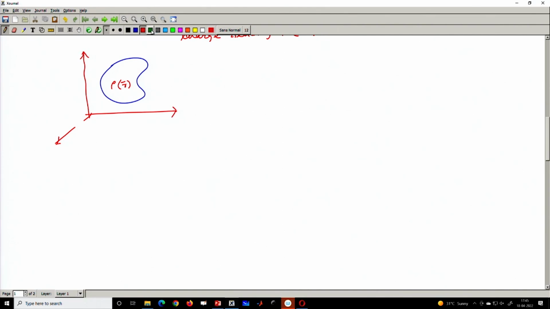The energy will simply be half the integration of rho of r, rho of r prime, divided by 4 pi epsilon 0 and the magnitude of r minus r prime, and then dv prime.